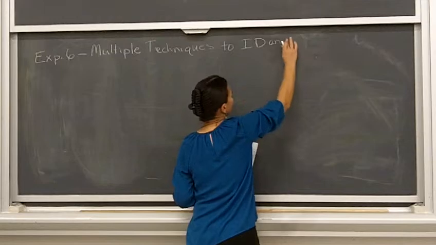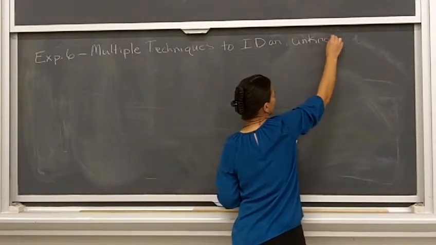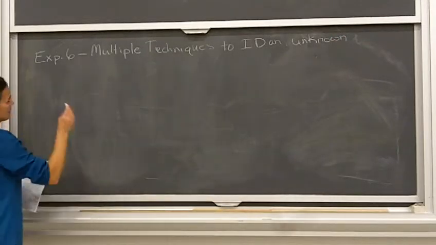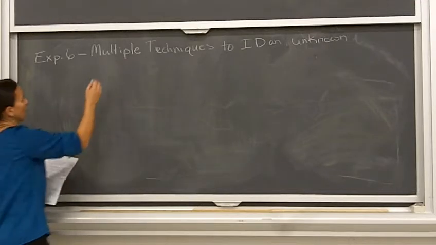And this unknown is composed of one thing, not multiple things like experiment 1, okay? And the unknowns have specific functional groups that are involved.